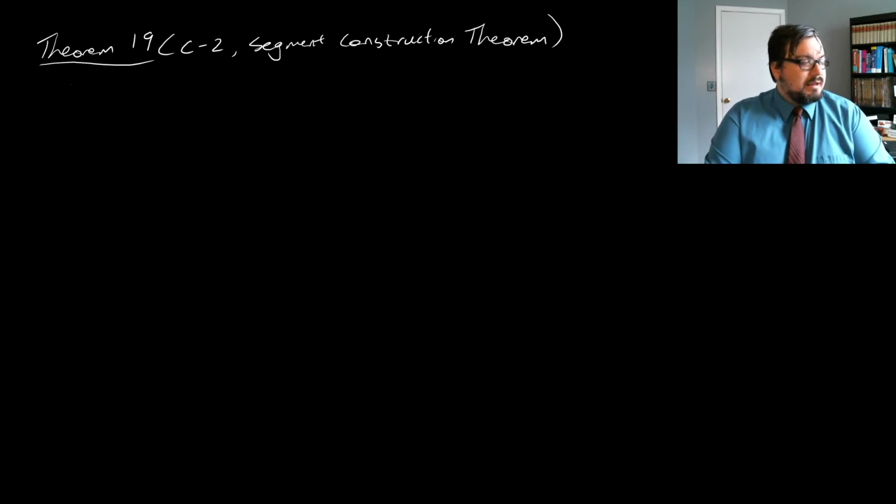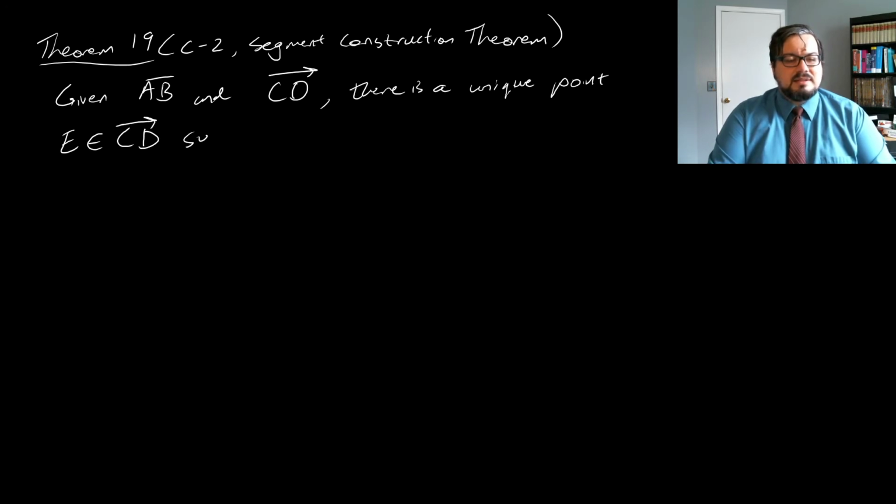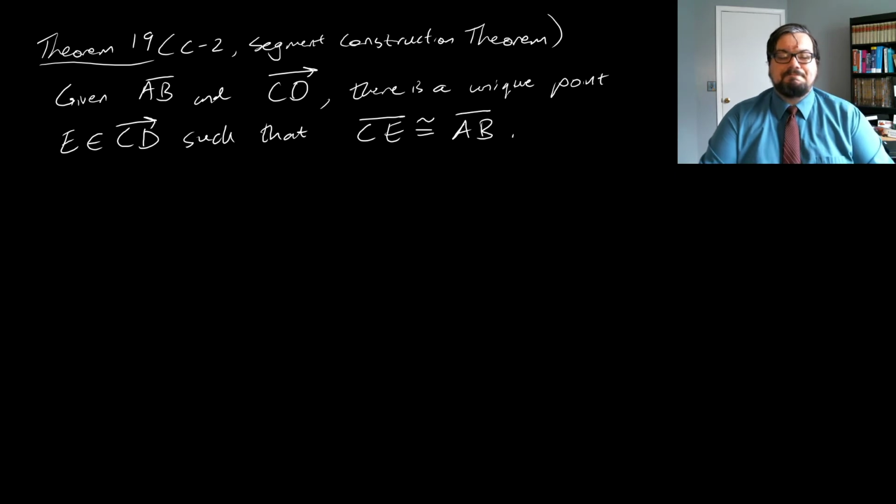So, given a segment AB and a ray CD, there is a unique point E in the ray CD such that the segment CE is congruent to the segment AB.